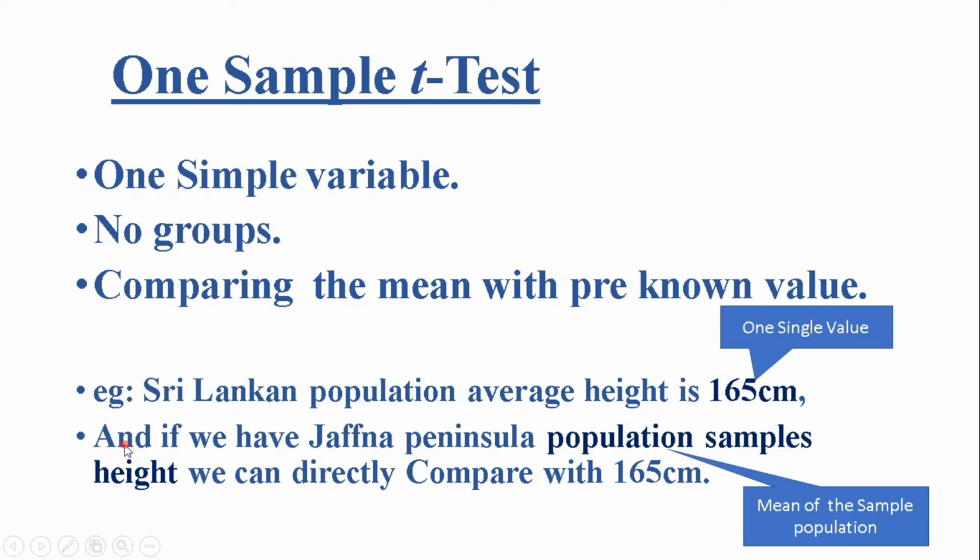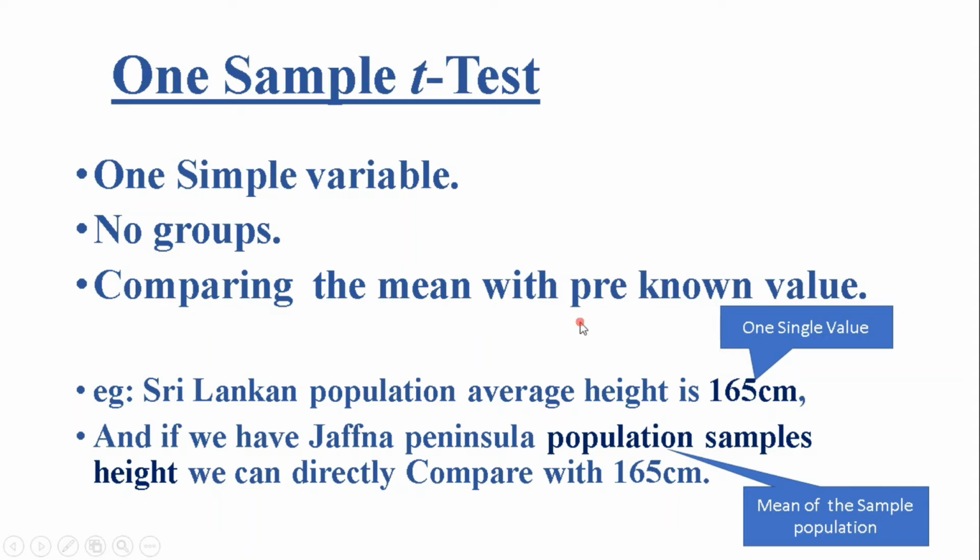But in the next statement, if we have the Jaffna Peninsula population sample height, we can directly compare it with 165 centimeters. So let's say this particular research data says that the Sri Lankan population average height is 165 centimeters, but that cannot be applicable to every place.